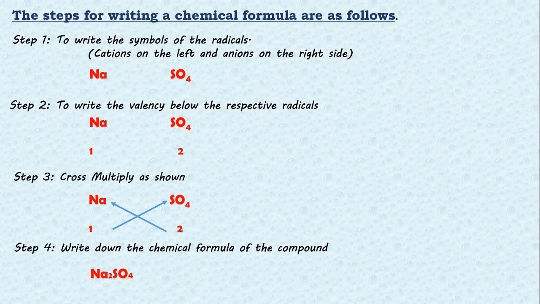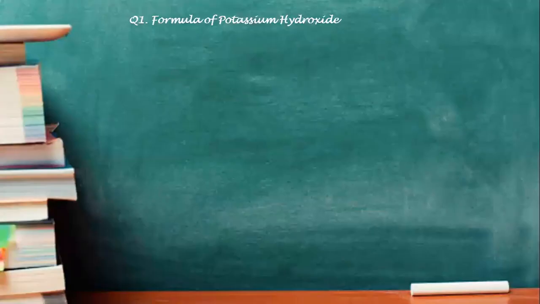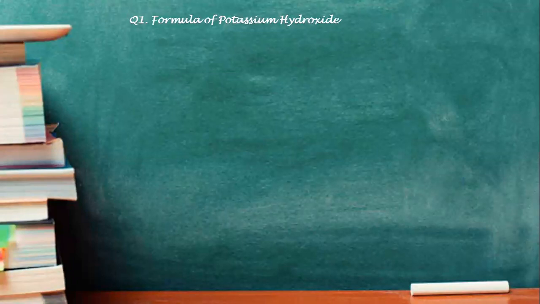So let us study a few compounds more. So first is potassium hydroxide. First we write the symbol. The symbol for potassium is K and that of hydroxide is OH. Then what do we do? We write their valencies below the symbols.